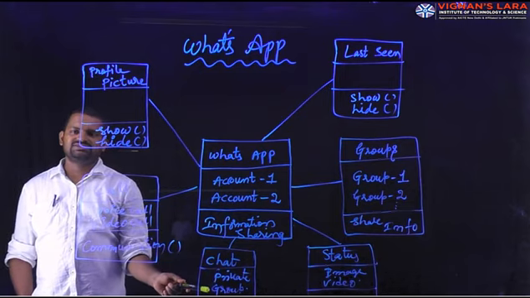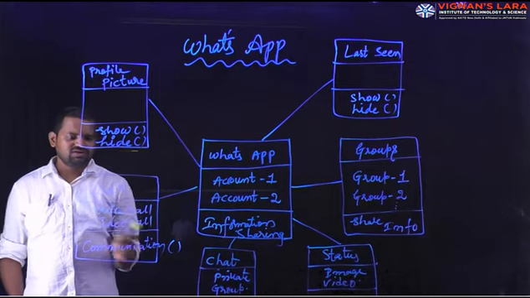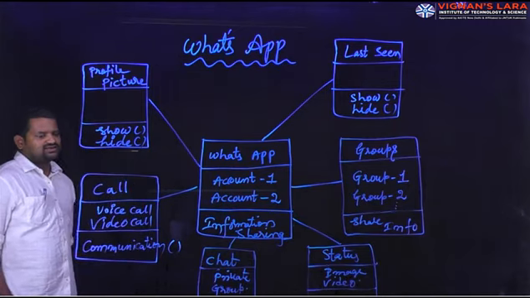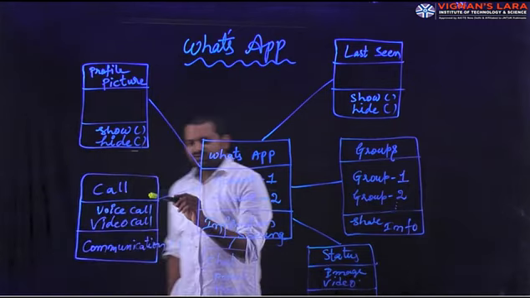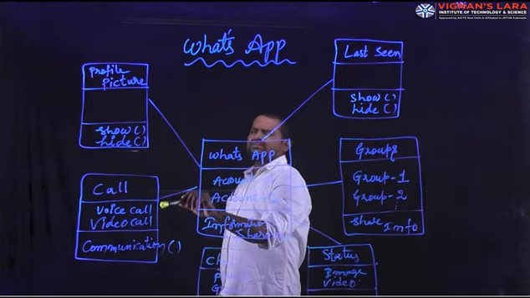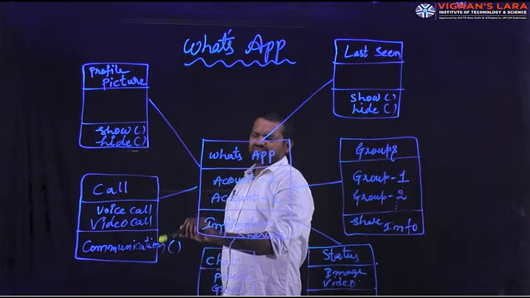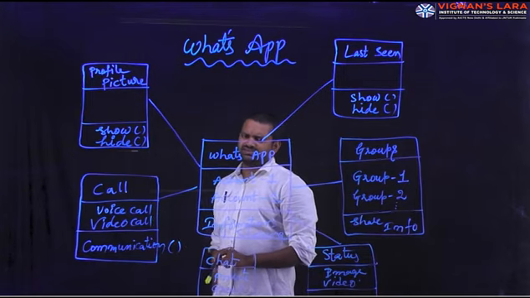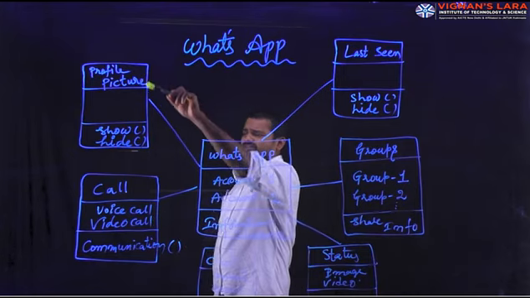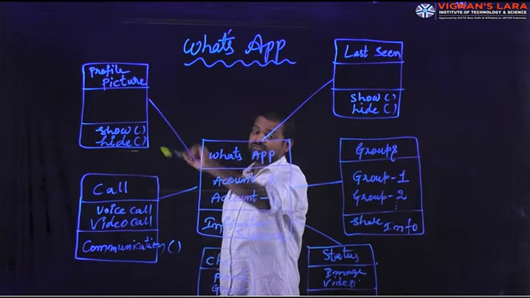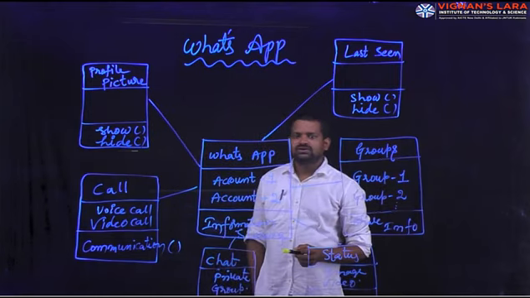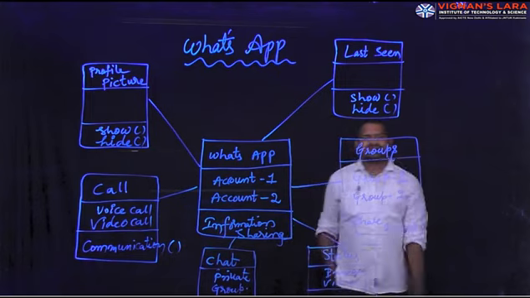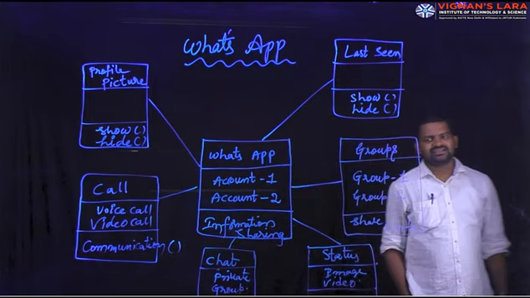You may also chat privately or in the group. You can call, voice call or video call. Both attributes will be used for communication. Profile picture you may change or you may show. This is the complete view of a WhatsApp application in the class diagram.